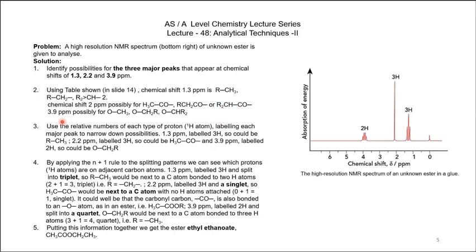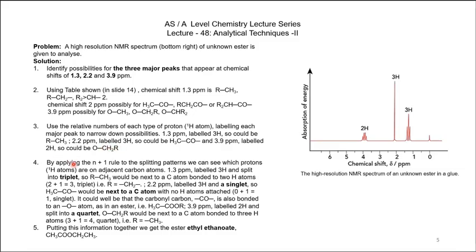And for 3.9 ppm we get this. Usually we use the relative number of each type of proton, labeling each major peak, to narrow down possibilities. So 1.3 ppm labeled as 3H could be the RCH3. 2.2 labeled as 3H could be CH3CO, and 3.9 ppm labeled as 2H could be OCH2R.